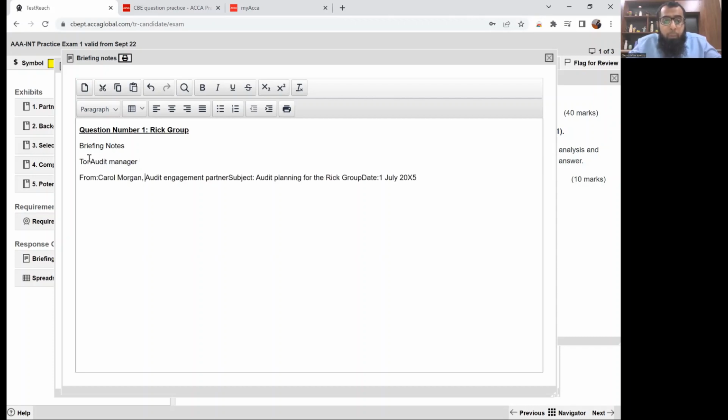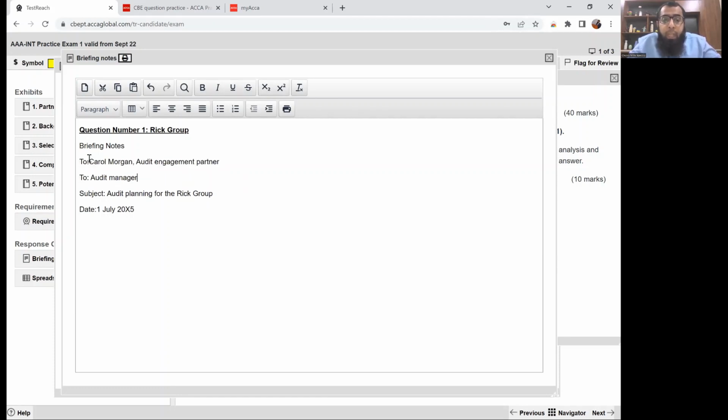To, from, subject and date. What you have to do is change this from to to, because you are responding to him, and you will move it above and change this to from.